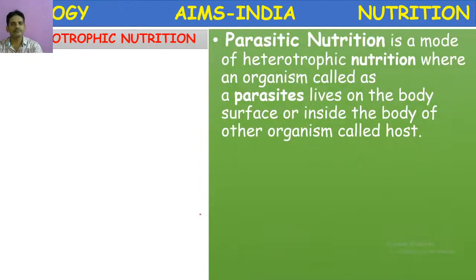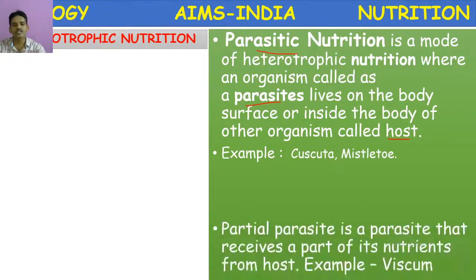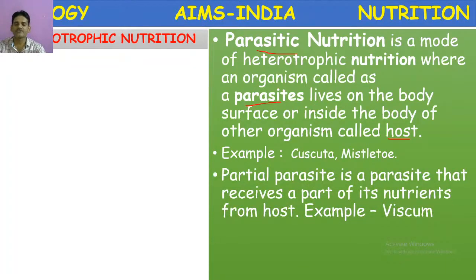Heterotrophic nutrition. First, parasitic nutrition. The parasitic nutrition is a mode of heterotrophic nutrition where the organism called the parasite lives on the body or surface or inside the body of another organism, called the host. Here the host is providing the nutrients and shelter, but the parasite is harming the host.